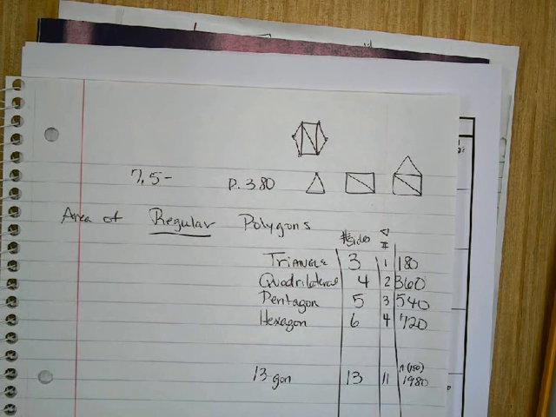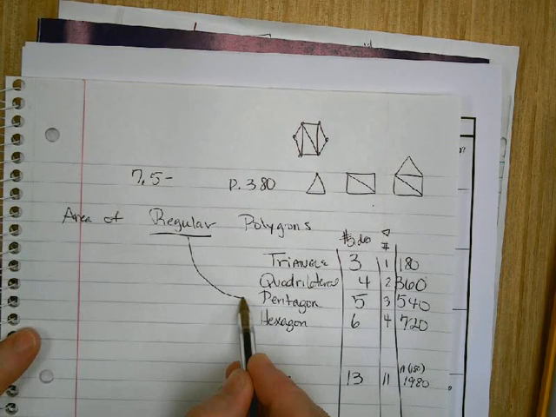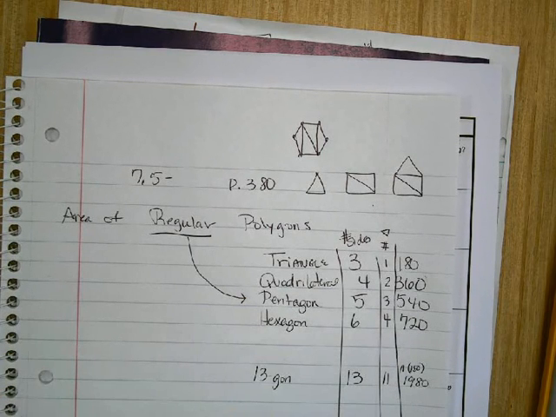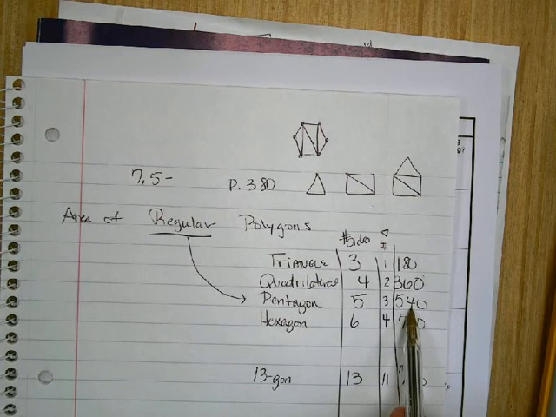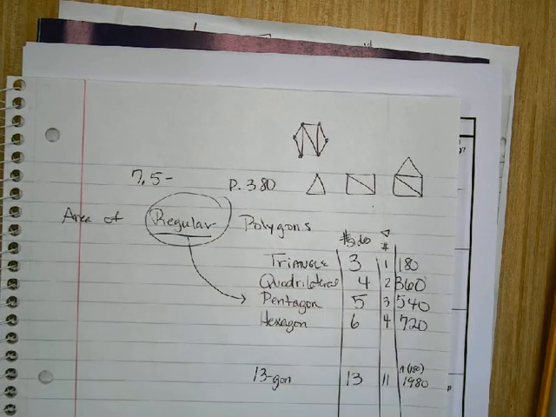So if I tell you you have a regular polygon and it's a regular pentagon, how many sides does it have? How many angles? 5. The total on the angles is 540. If it's regular, every one of them has to be the same.